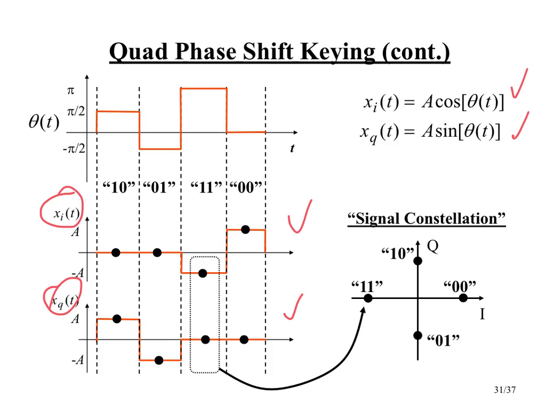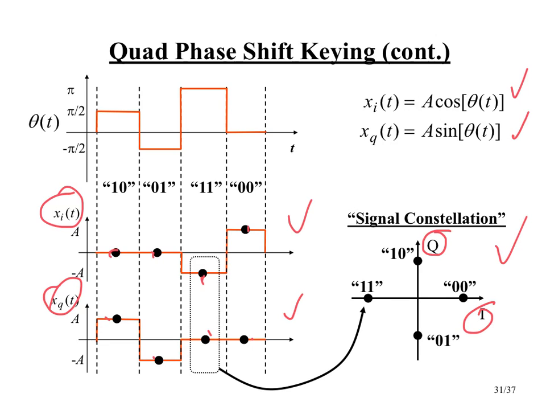If we think about measuring the value in the center of each of these little subintervals, we can convert these different possibilities into 4 different positions on the in-phase axis and the quadrature axis.